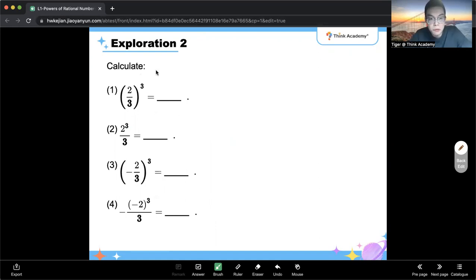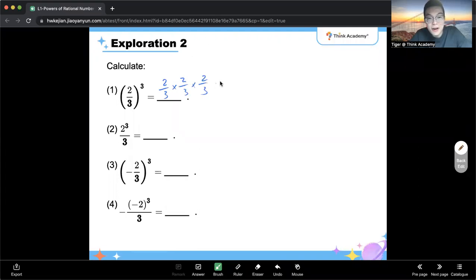Basically, we just need to write it out as a multiplication expression first. If you don't know how to split it up, I know 2/3 to the power of 3 is 2/3 times 2/3 times 2/3, right?